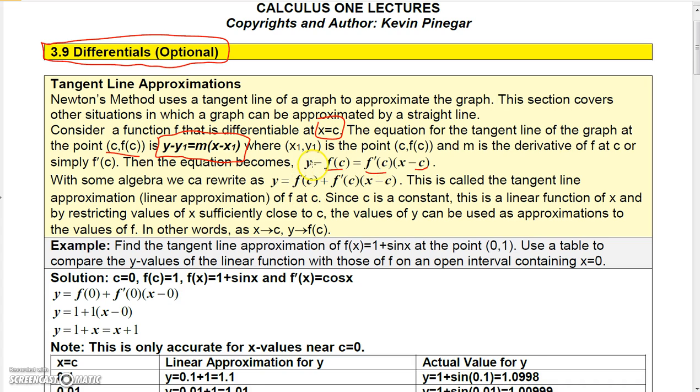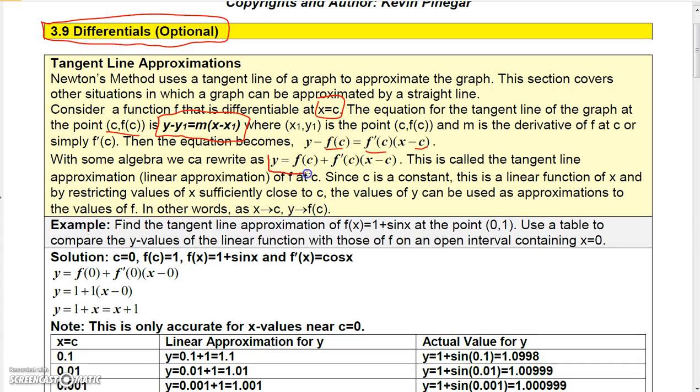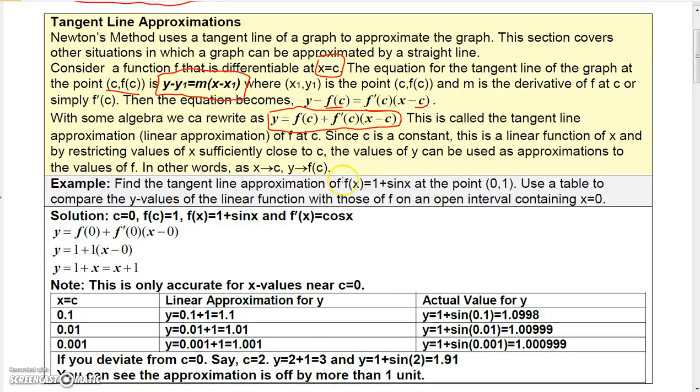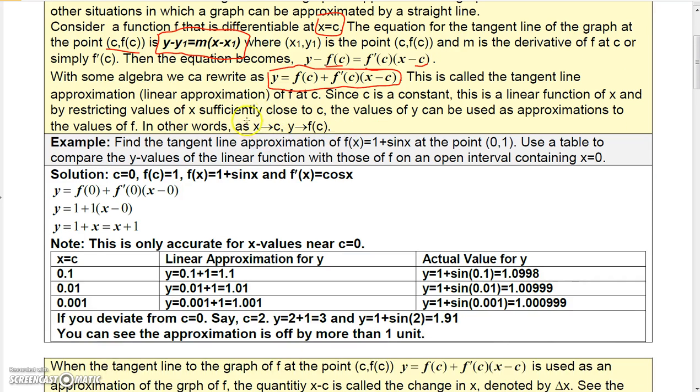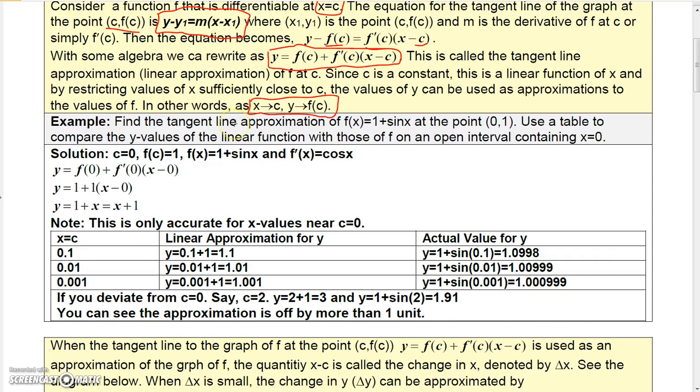And then if you solve this for y, you'll get an expression like this. And so this is called a tangent line approximation or a linear approximation of f at x equals c. And so what's going to happen here, the closer x is to c, the closer y will be to f of c in this example.